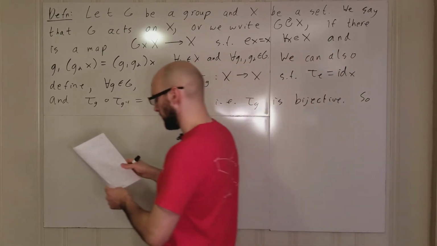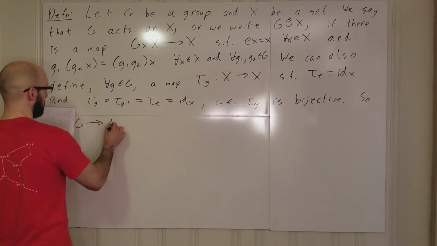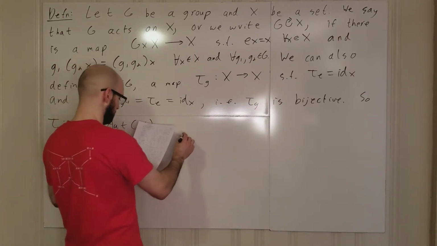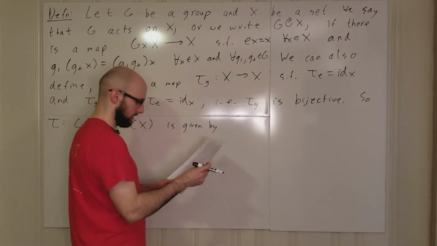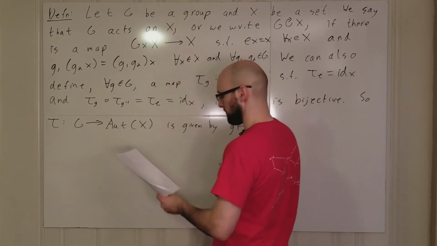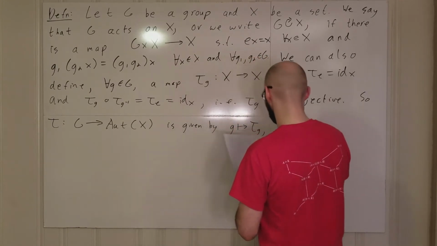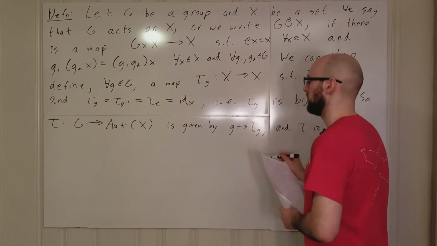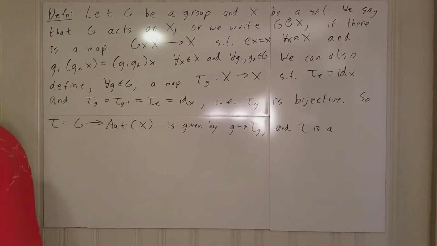So anyway, what do we end up with? Tau is a map from G to Aut(X), given by g gets mapped to tau_g, and tau is a homomorphism.